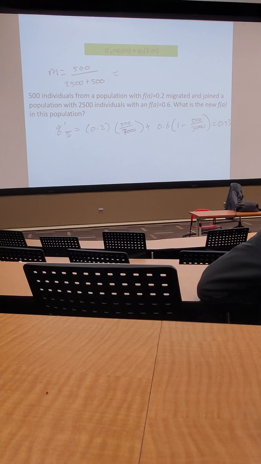It would be exactly in between if the number of migrants equals the number of source population, but it's weighted by this migration coefficient, right? We had a population at 0.2, we had a population at 0.6. We're making them look more similar. We're homogenizing them. So now the population's at 0.53. You added new individuals who had a lower frequency of the low A allele. So the overall frequency of that allele in the whole population is now also low.